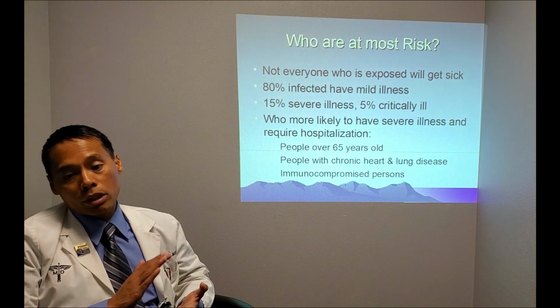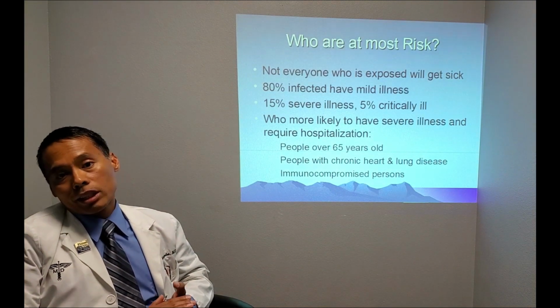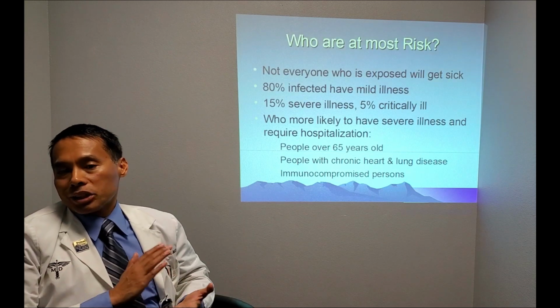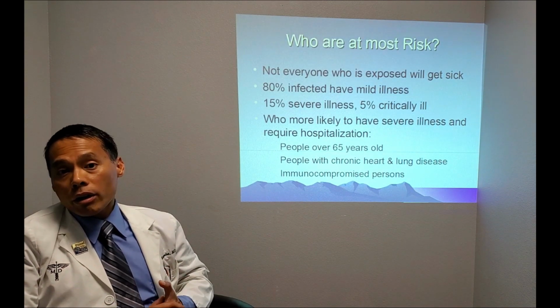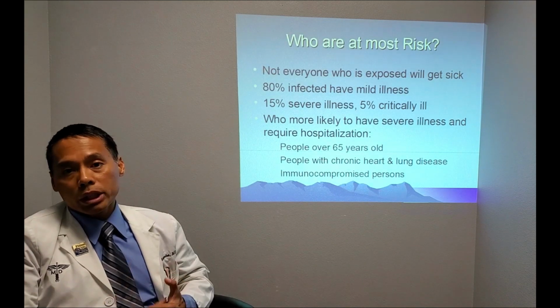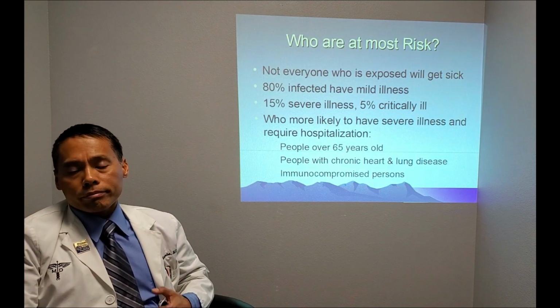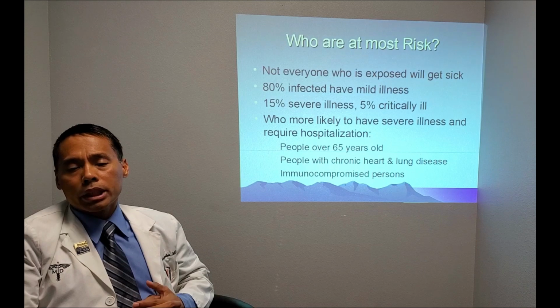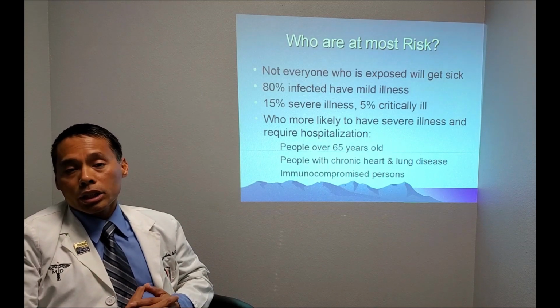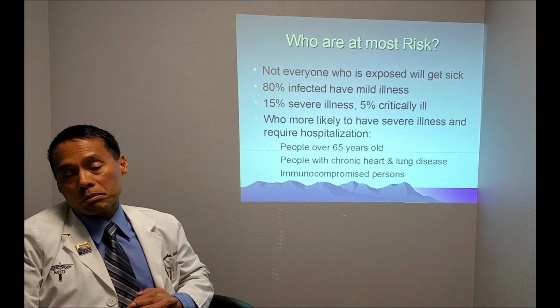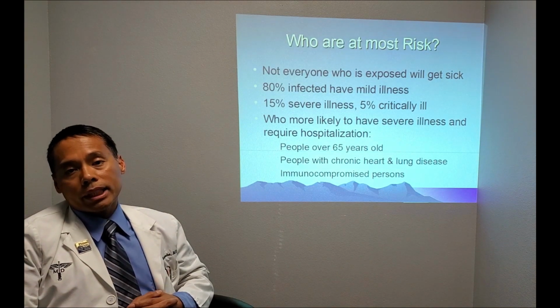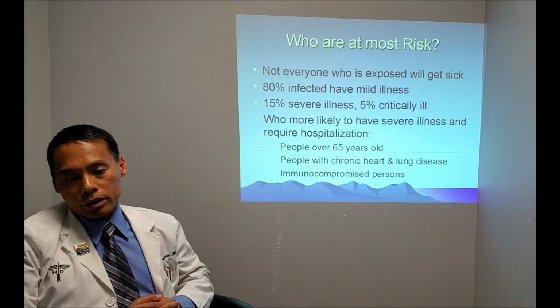The most common ones are lung disease and heart disease, so COPD, emphysema, asthma, heart failure. If you have a weak heart, those are all potentially high-risk conditions that will give you a higher probability of having a severe or critical illness.